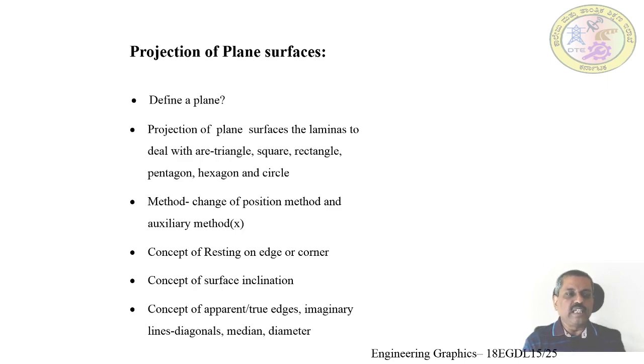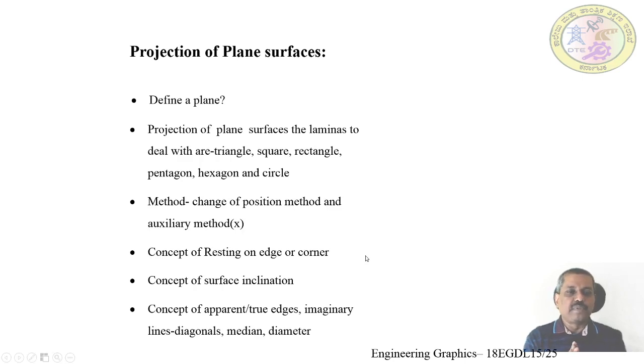So there will be three positions in the change of position method: the first position, second position, and the third position. In the first position, we keep it simply either on the horizontal plane or the vertical plane. Whether we have to keep it on the horizontal plane or vertical plane is a matter of concept. And then how to give the inclination in the first position itself, in the second position, that's very, very important.